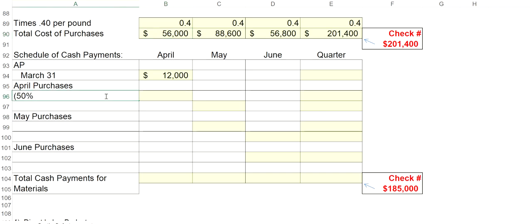So 50% of that, of the 56,000, will be paid in April, but the other 50% will be paid next month. So it will be paid in May. Okay, so 50% of 56,000.